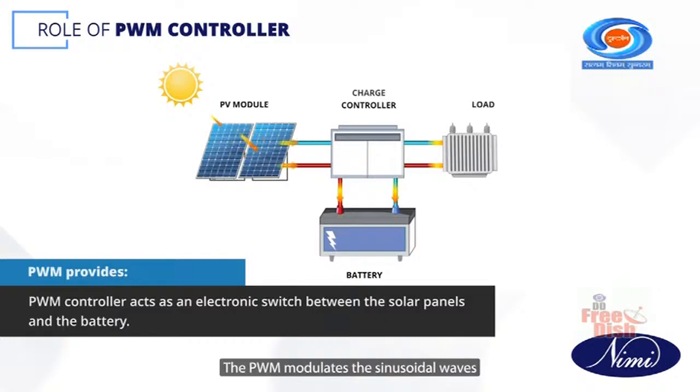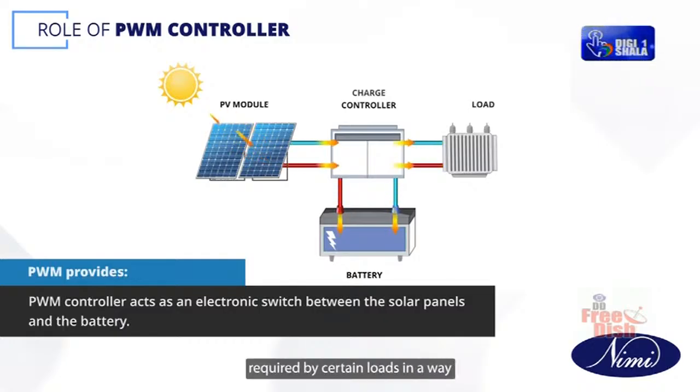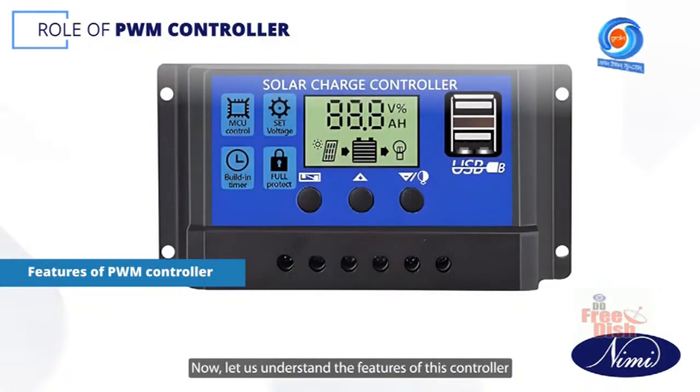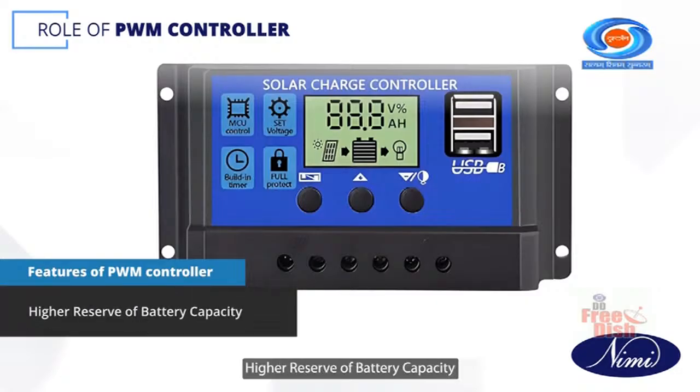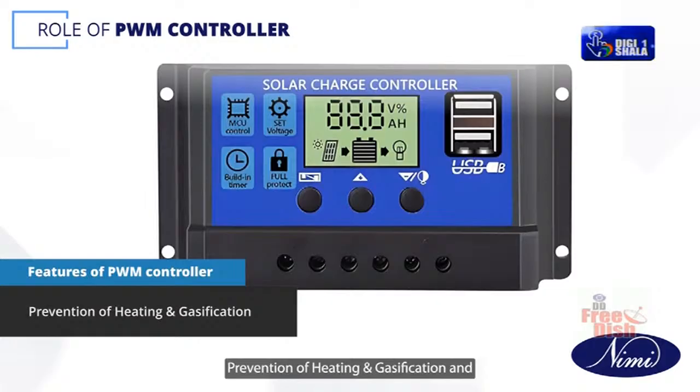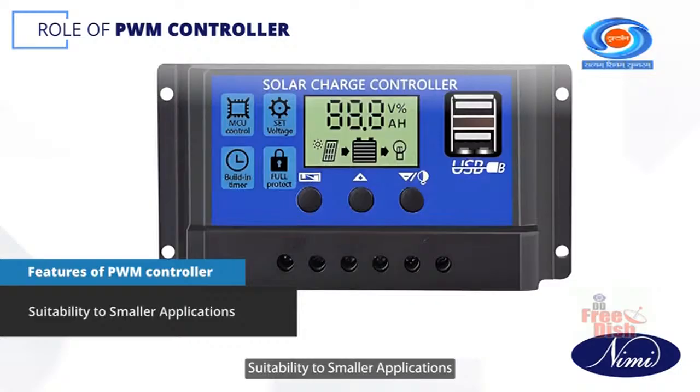The PWM modulates the sinusoidal waves required by certain loads in a way to meet the requirement of the load. Now let us understand the features of this controller: higher reserve of battery capacity, prevention of heating and gasification, and suitability to smaller applications.